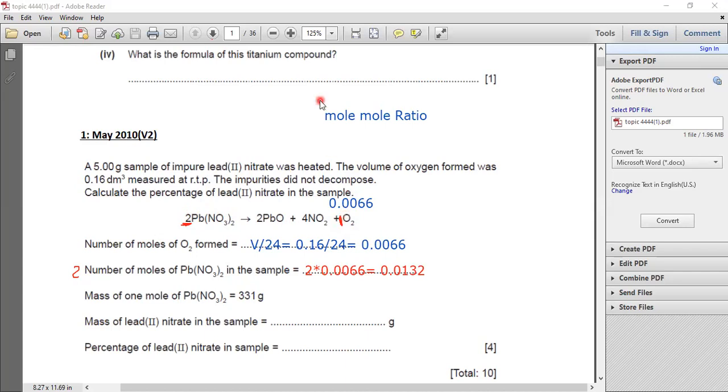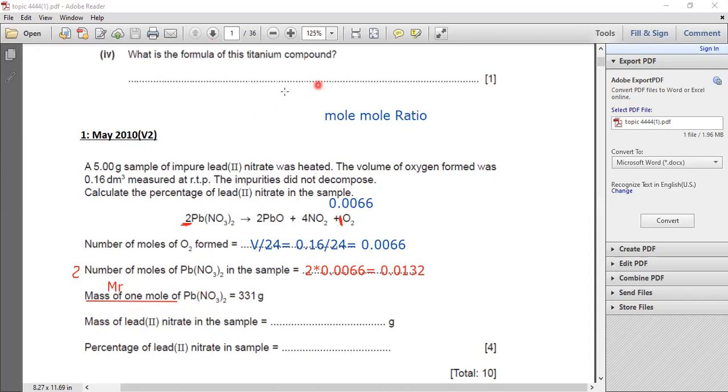Fine, that's okay. Here I have the mass of 1 mole. Once you see mass of 1 mole, it means MR. So MR is known. MR of PbNO3 by 2 is 331 gram. What I need here is the mass of lead nitrate. I give you MR and I need mass.